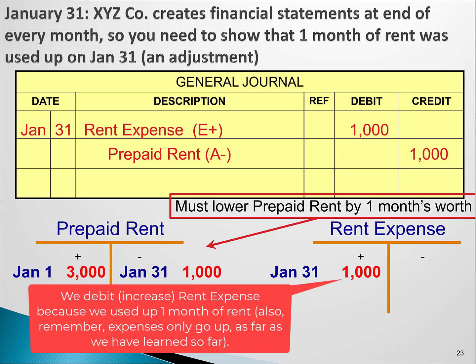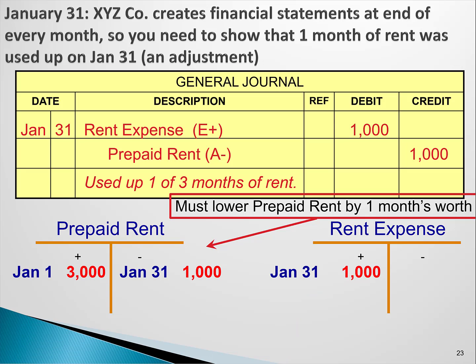So now the only thing else we need is an explanation for our adjusting entry. And you could say something like, used up 1 of 3 months of rent. So the final thing we need to do, since our boss will eventually ask us to do a financial statement, is figure out what the new balance of prepaid rent is.